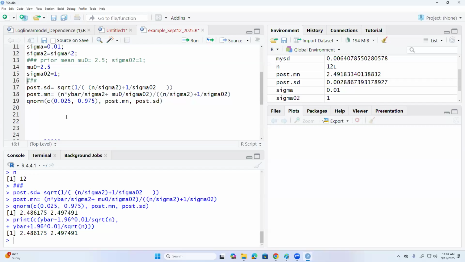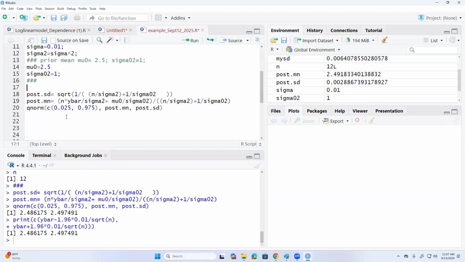So this is the posterior distribution of the underlying mean. Predictive distribution, sorry, predictive distribution of a future observation.